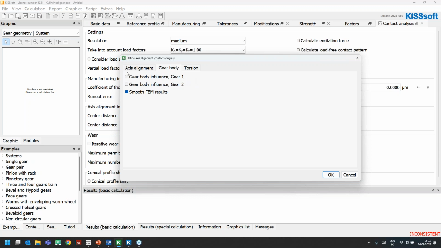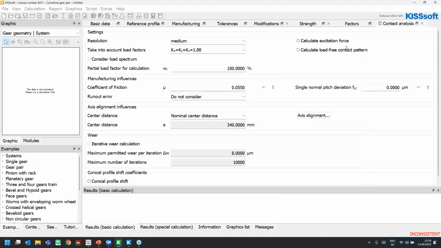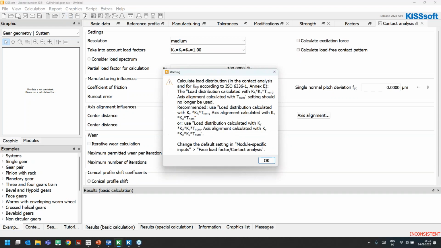Our past web demo was just about it, how to model the gear body itself, or the gear rim. And also there is an option how to consider the torsion. So in this case, I want the shaft calculation to be used in order to calculate the torsion. So now I can press OK and run the contact analysis.